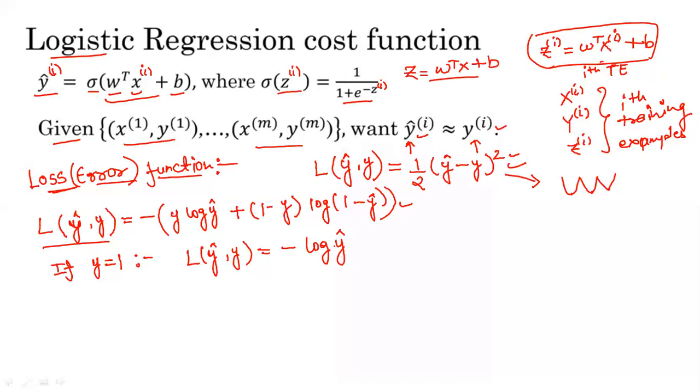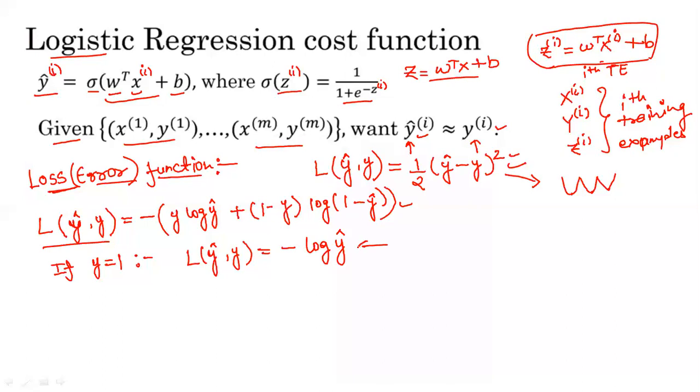So what I can do is choose the value of y hat to be very large. Why am I saying this? Because if I choose y hat to be very large, then log y hat will become very large, and a very large number multiplied with a negative sign will drastically lower its value, and it will become a very small number. So ultimately we will achieve a global minima if possible.